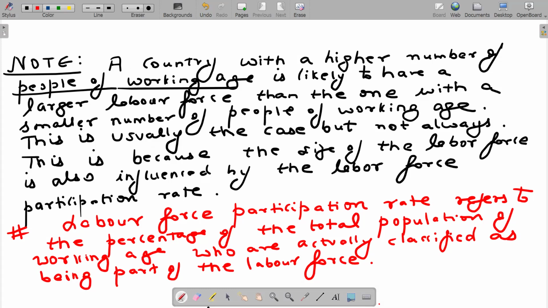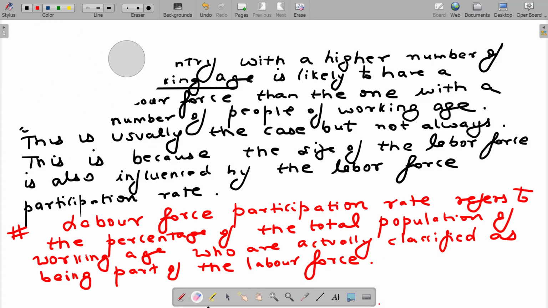So we can now look at what are the reasons for a given country to have a lower labor force participation. And they're exactly what I just spoke a few minutes back. Let me erase the initial paragraph.